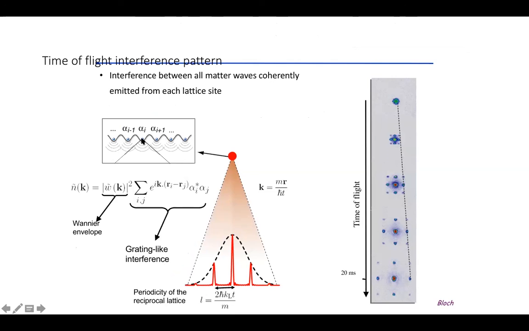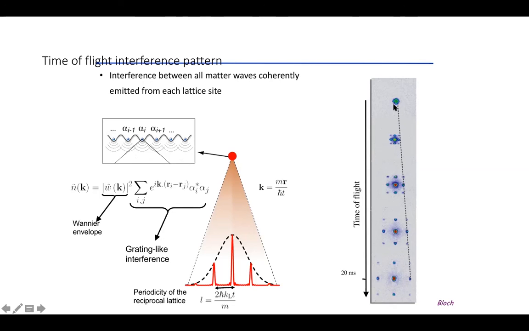Here is the periodic lattice with atoms sitting on that. Each atom can be thought of as a source, like matter waves. And these matter waves expand and they interfere. And that is where whether these points were incoherent or coherent becomes important.